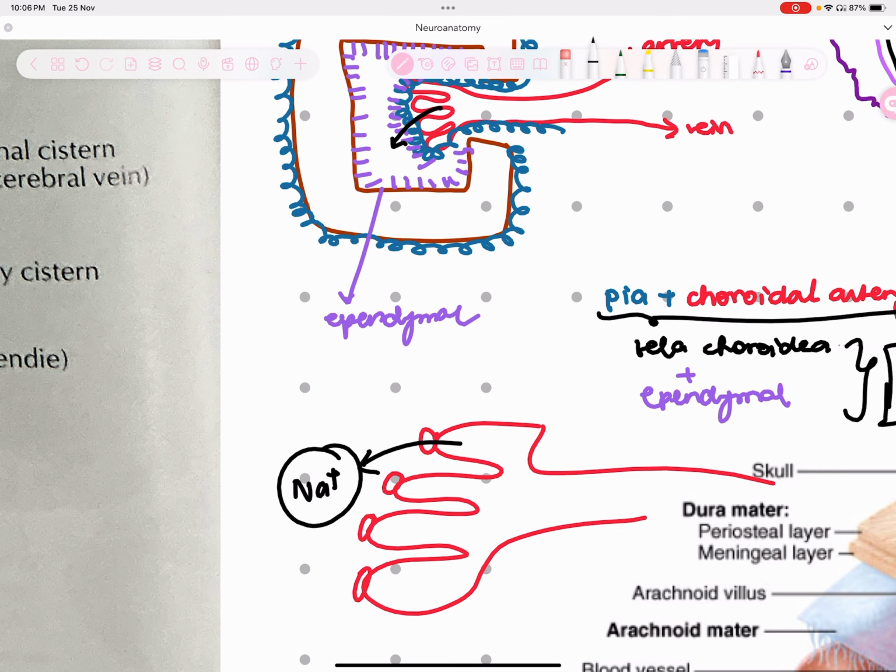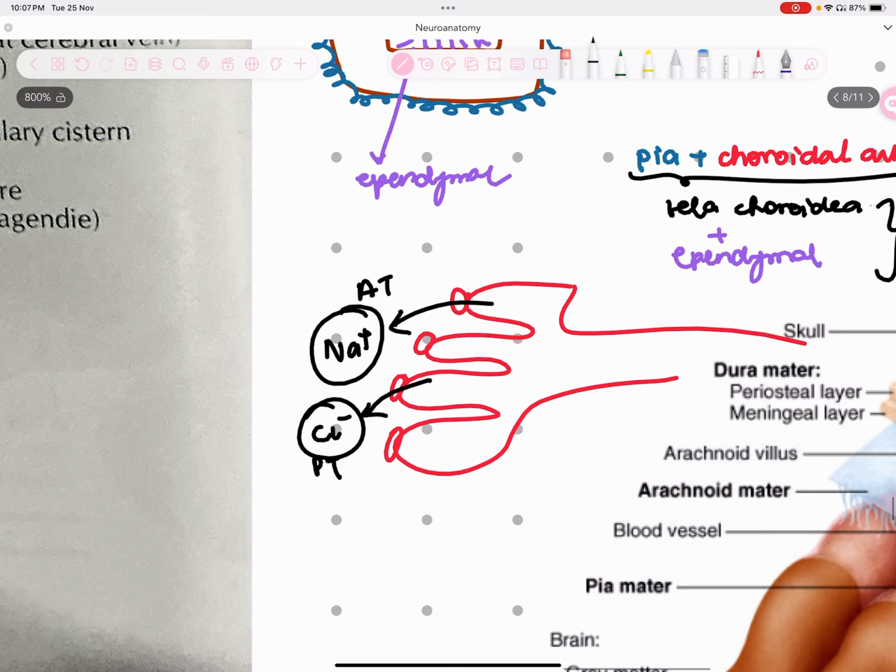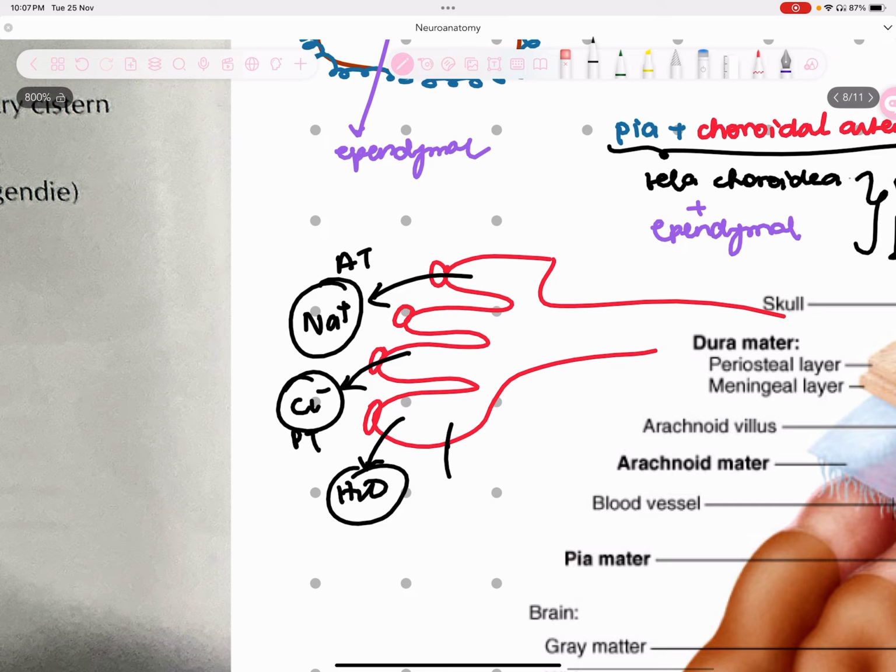Sodium is actively pumped out, and chloride follows along passively. So active transport for sodium and diffusion, or passive transport, for chloride. And because sodium and chloride both went out, water also diffuses out. And how about glucose? Glucose is also carried out, but in very small quantity compared to the glucose concentration in your blood plasma.